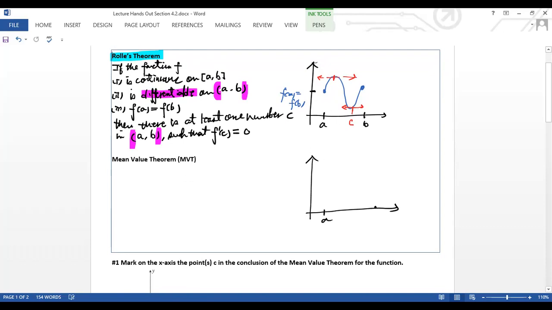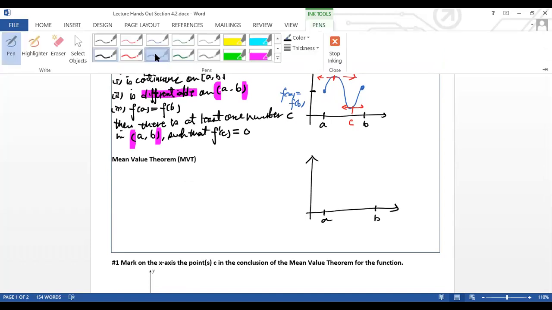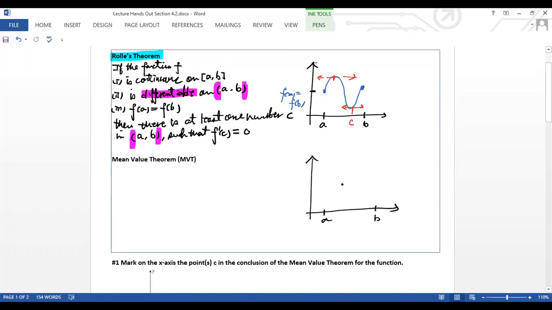If this is my a and this is my b, and I have some smooth function going like this, this is my f of a and this is my f of b.